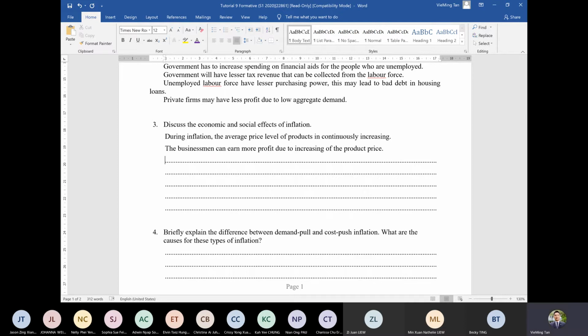Okay, besides that, Becky, thank you. Carissa, any other impact if the inflation is high? The real value of the money falls. Correct, very good.